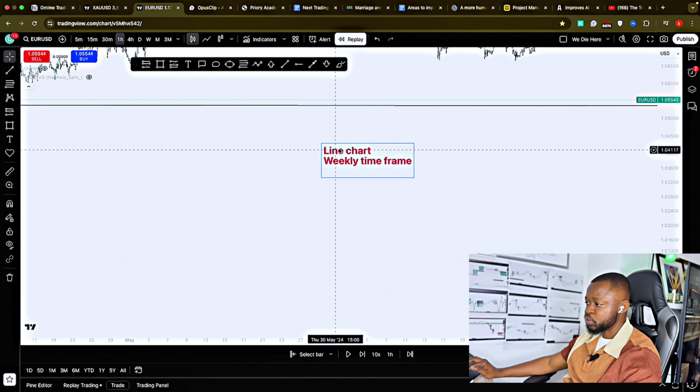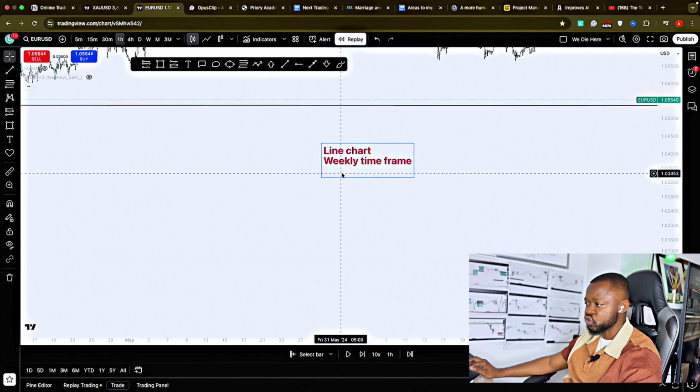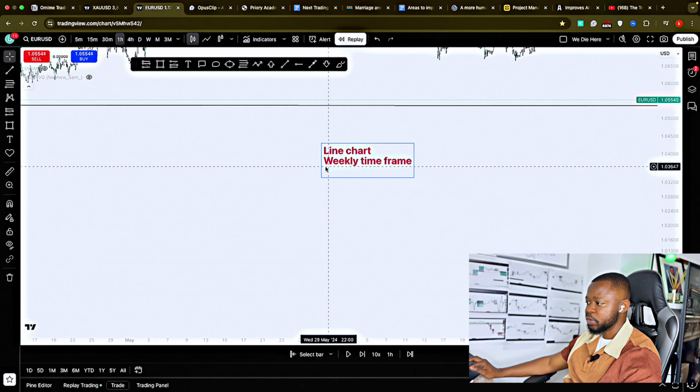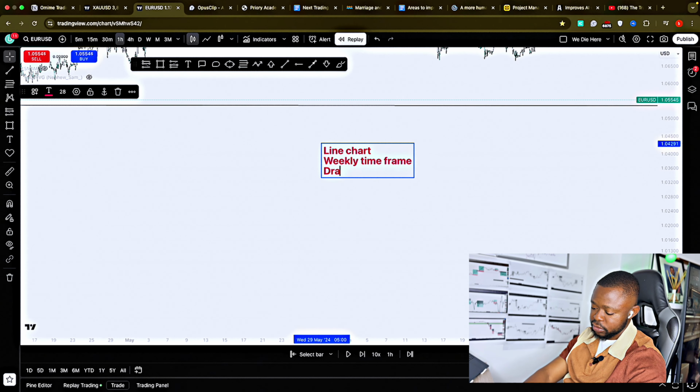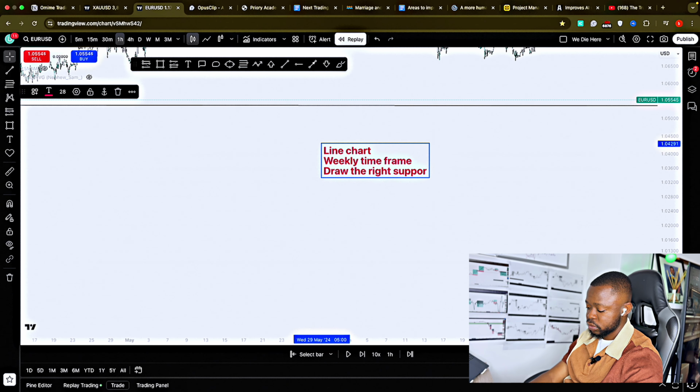So once you have put on your line chart and figured out those zones, you go on the higher time frame, you have seen those zones properly, then draw the right support and resistance levels.